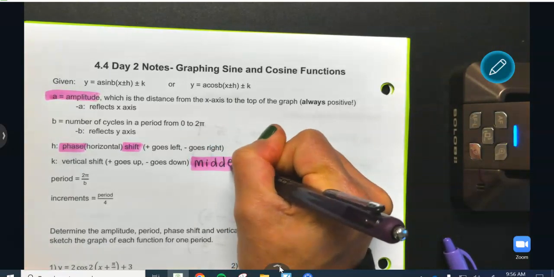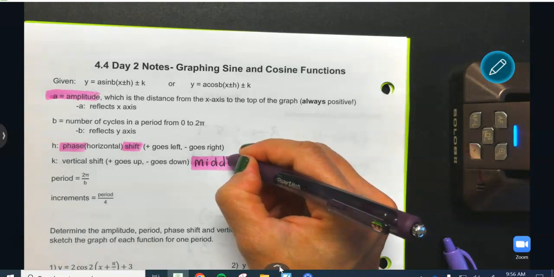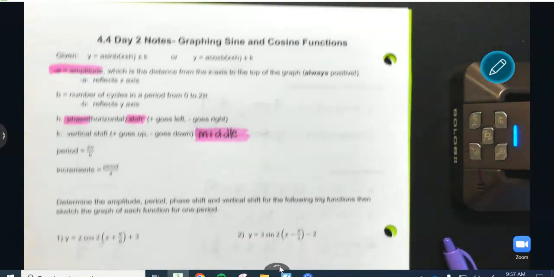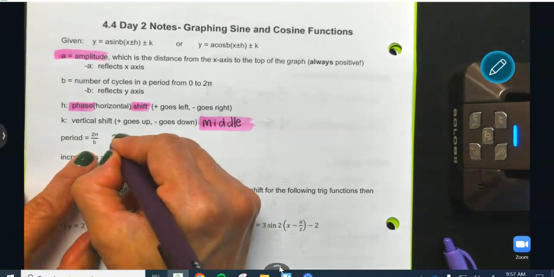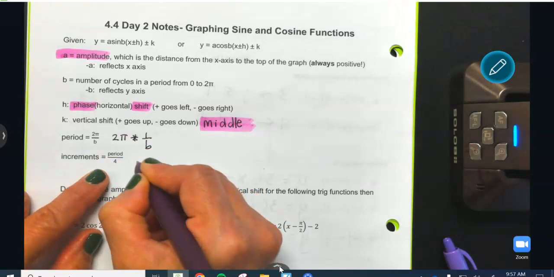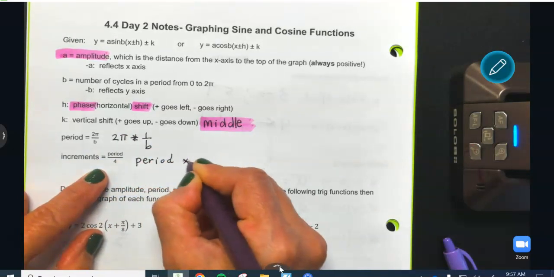It's the middle of the graph, the middle of the waves. And remember one more time, we don't divide, we multiply by the reciprocal.